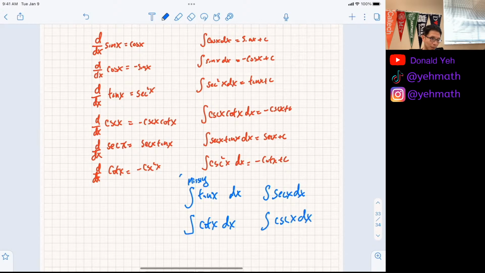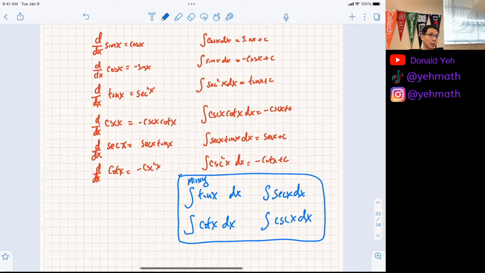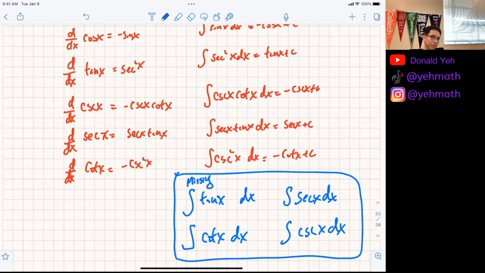Those are missing because we don't have the proper math tools in order to figure that out. We're not going to figure it out until next year, when we come back and learn something called logarithm. You want an integration by log, and you cannot do anything until then.